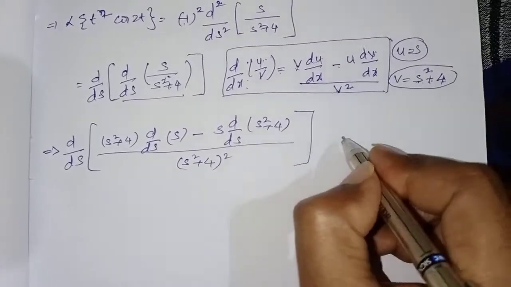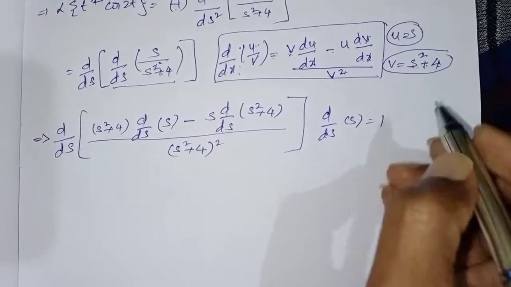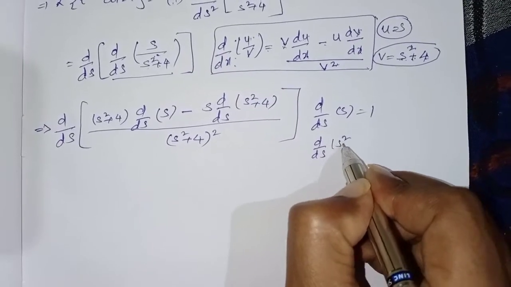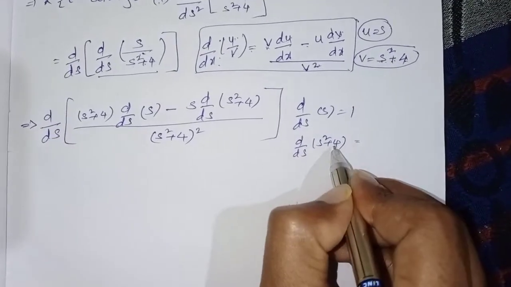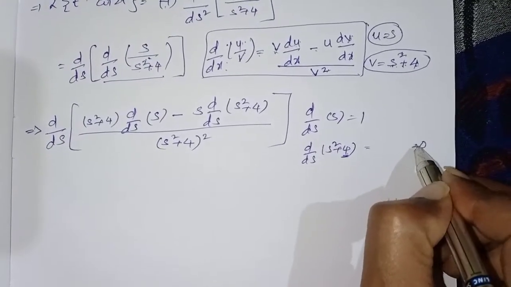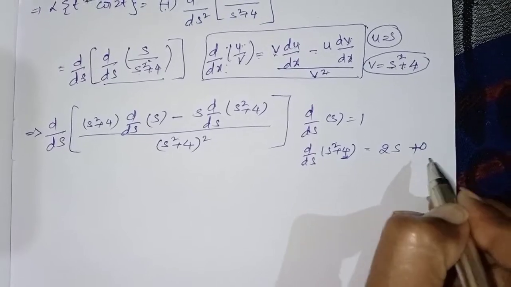We know that d by ds of s is equal to 1. Next, d by ds of s square plus 4, split the differentiation. The second one is a constant, so differentiation of the constant is 0, plus d by ds of s square is 2s.